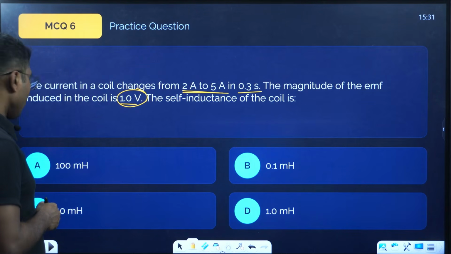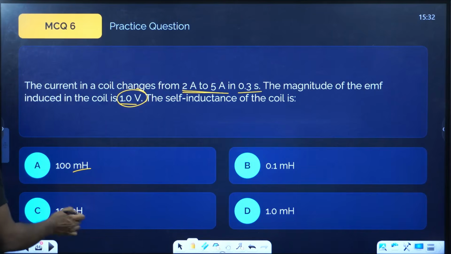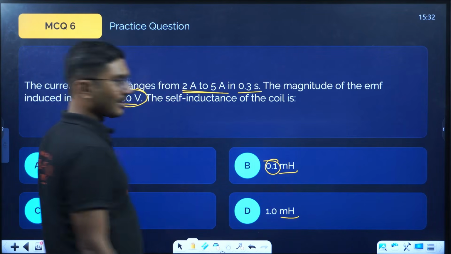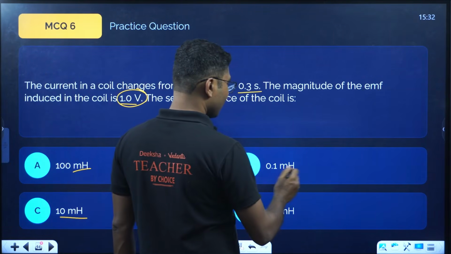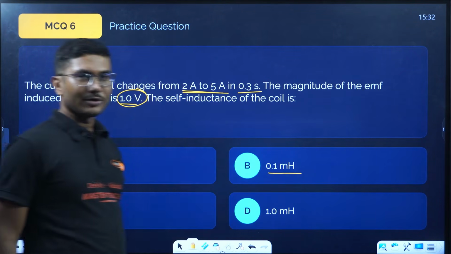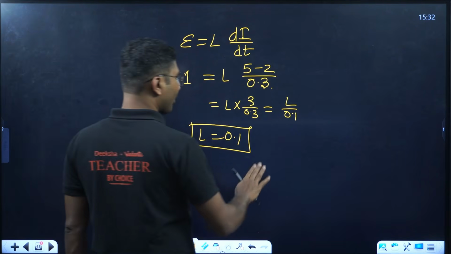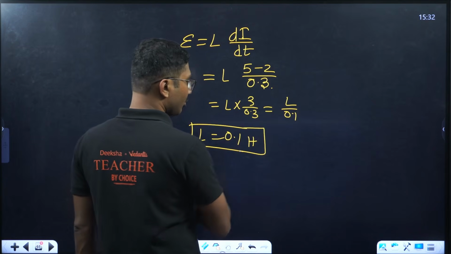Now if you see the answer, all the options are given in millihenry. So don't just see this answer and mark it. Many students will mark this as the correct answer because the answer that you have received is 0.1. No, here we have not changed any unit, so this must be in Henry. This is not millihenry.